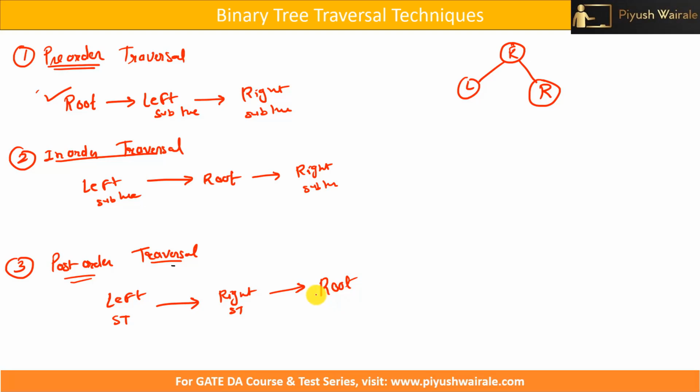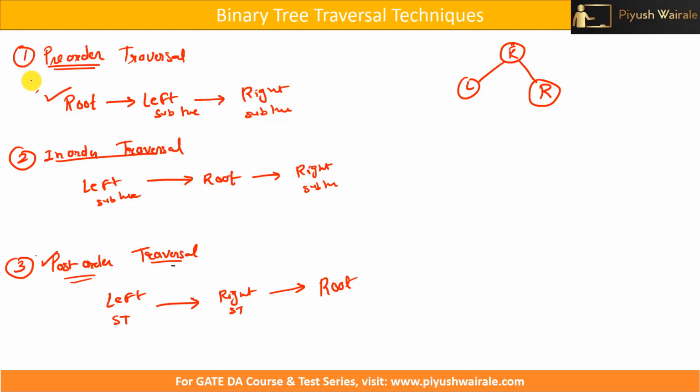So this is how we explore the binary search tree in post-order traversal. First left subtree, then right, then root. In in-order traversal, first left, then root, and then right subtree. In pre-order traversal, first root node, then left subtree, then right subtree.